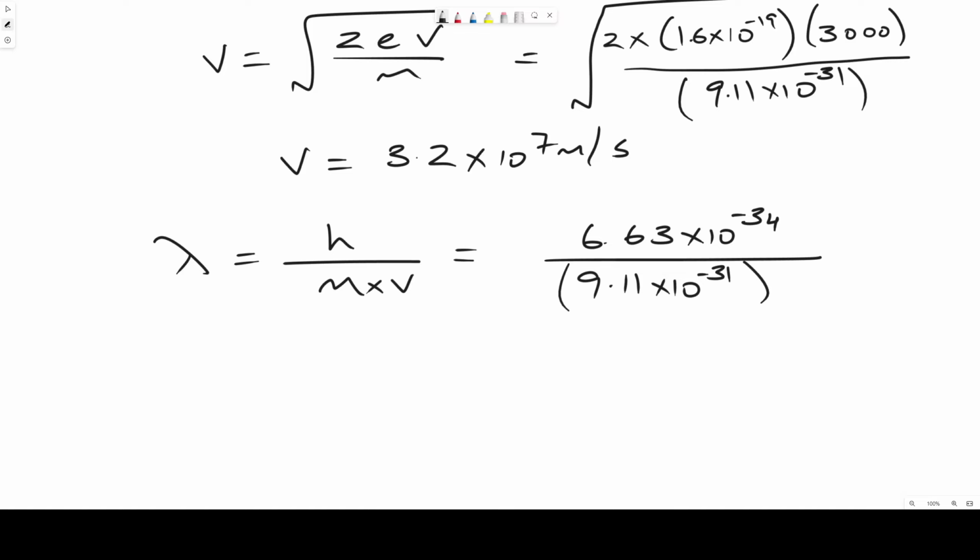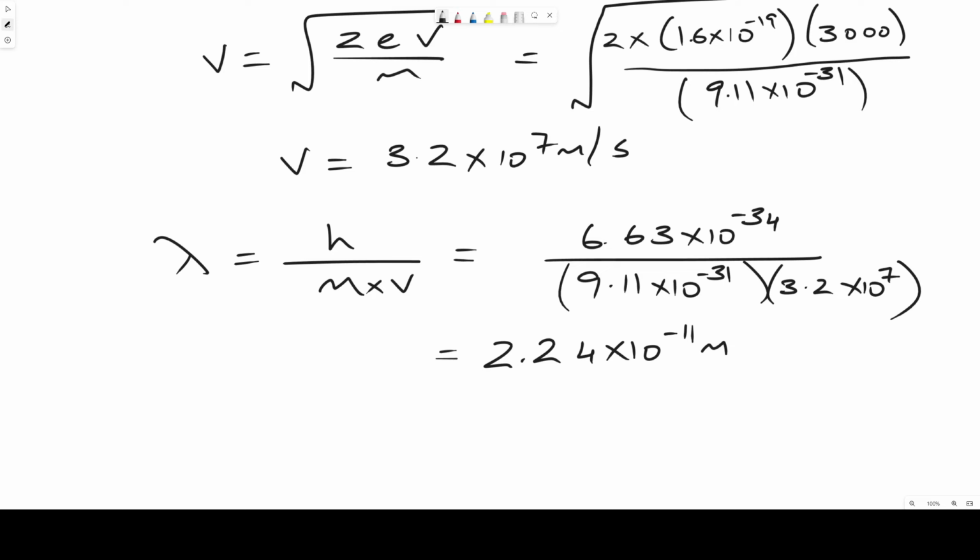Put this in a bracket so it's not confusing, and multiply by the speed we just found, which is 3.2 × 10^7 meters per second. Once again, just put it into a calculator, and it will spit out 2.24 × 10^-11 meters as my wavelength.